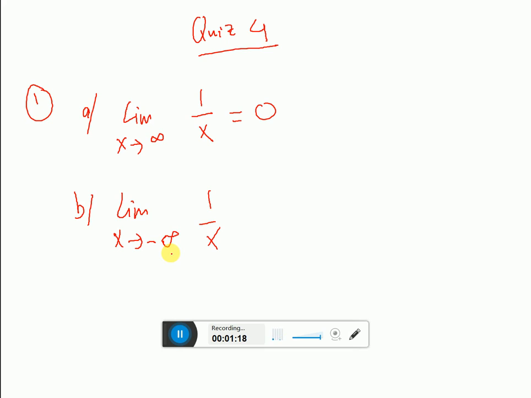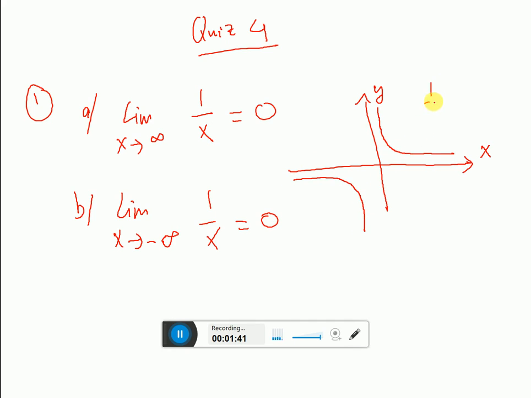equal to 0 too. So if you want to explain this, you can also draw the function on the xy plane, and if you draw the function 1 over x, the function is going to look like this.